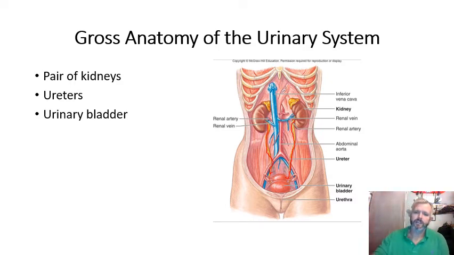The urine travels to the bladder by the ureters, where it's held. And once there is enough urine built up, that's when we will void, or micturition, or actually go to the bathroom. Right. And then the pathway out is the urethra, and hopefully you're near the toilet when this is going to take place.